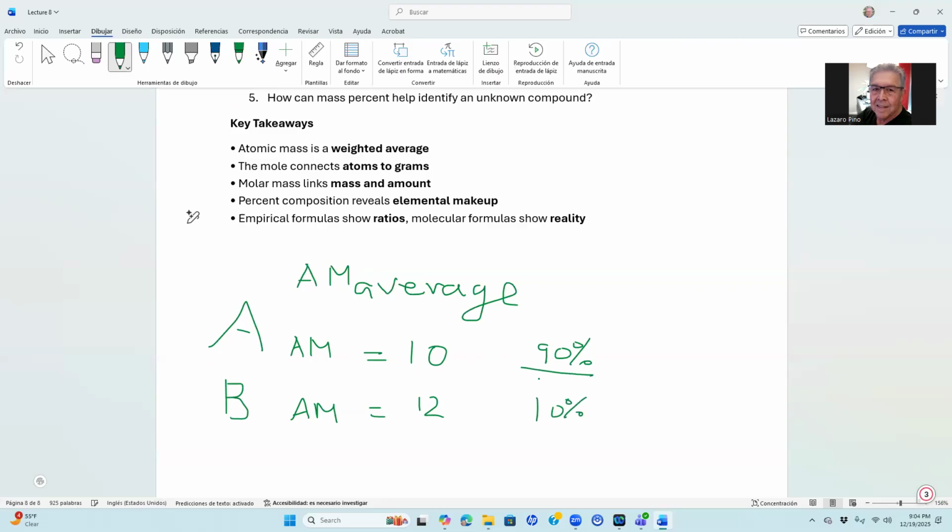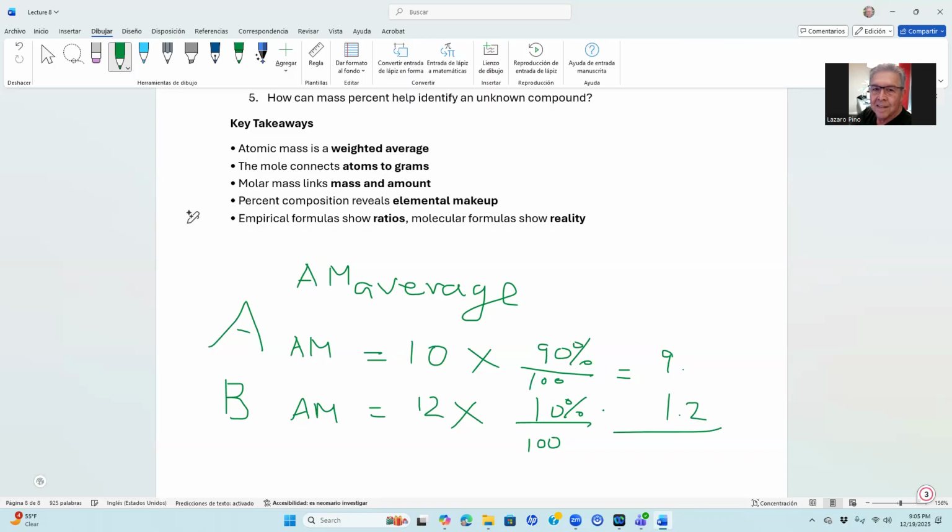Then we convert this percentage into fractions. And then you multiply these fractions by the atomic mass. For example, 10 times 0.9 is 9. And 12 times 0.1 is 1.2.